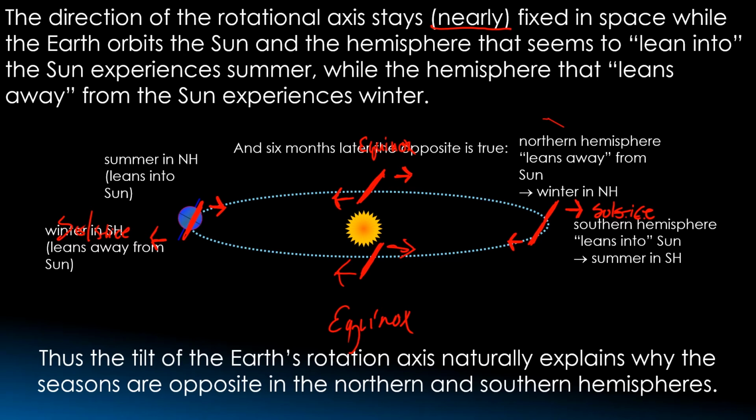And so if this was the winter solstice for the northern hemisphere, then this would be spring in the northern hemisphere, fall in the southern. Here we have summer in the northern hemisphere, winter in the southern, spring in the southern, and fall in the northern.